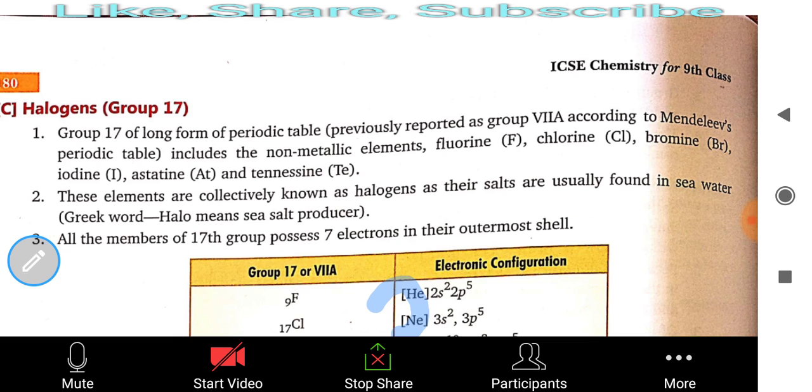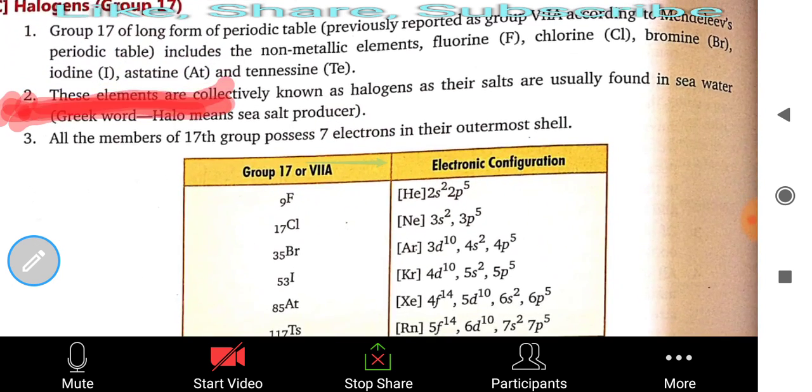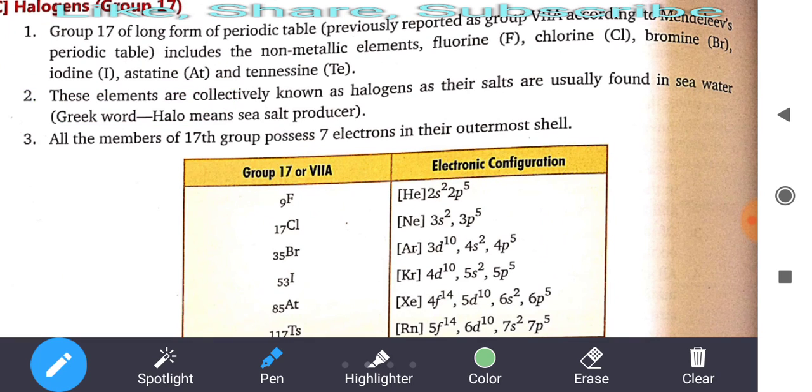As we already told you, on the left-hand side generally metals are found and on the right-hand side of the periodic table non-metals are found. So these are non-metals: fluorine, chlorine, bromine, iodine, astatine and tennessine. These elements are collectively known as halogens.